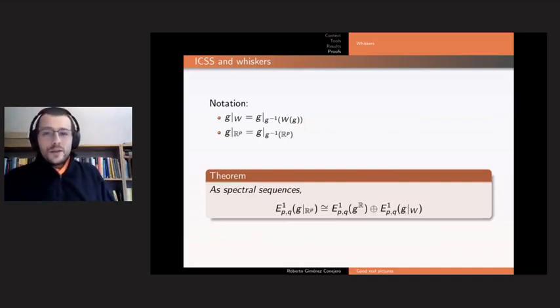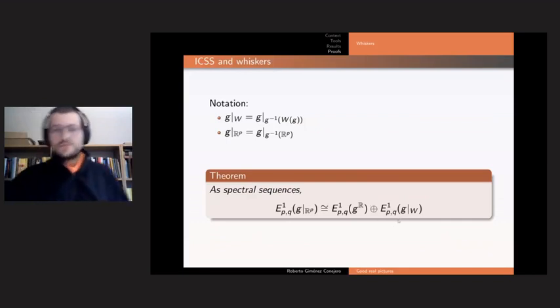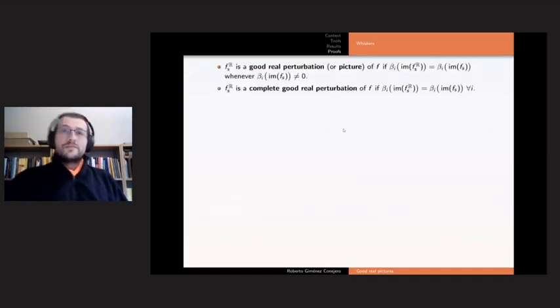This is not absolutely accurate because there is a small thing that we have to add to the theorem, but it is basically true. And because of this, we are able to split the reals and the whiskers in a nice way by this image computing spectral sequence. And what this allows us is, so remember, good real perturbation when the Betti numbers are equal whenever this is not zero, and complete good real perturbations when they are always equal.